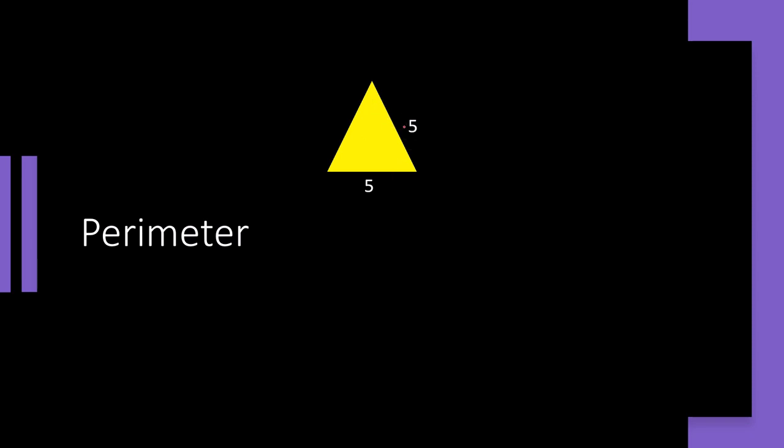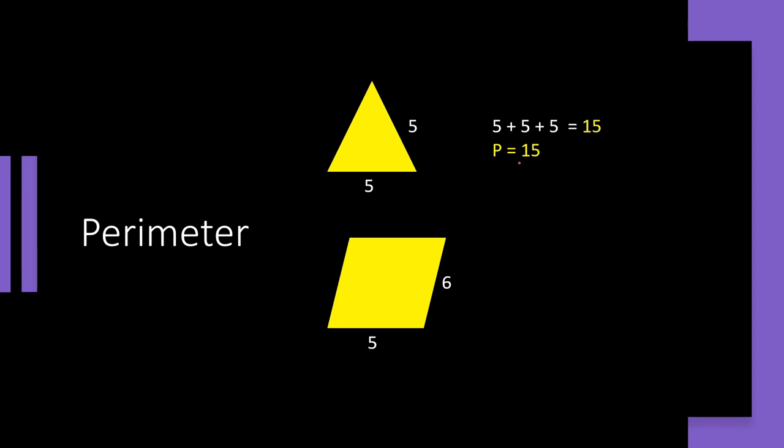So therefore, if this side is 5, this other side of the triangle is also equal to 5. Okay, so I'm going to add the number 5 three times, which is going to be equal to 15. And therefore, the perimeter for this triangle is equal to 15. Very nice.